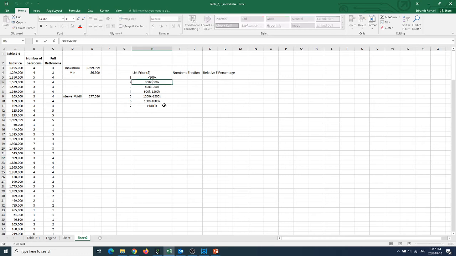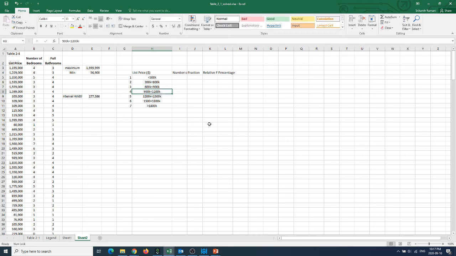Instead of 300 to 600,000, it's 300 to technically under 600,000, and instead of the hyphen symbol, you could use a less than or equal to symbol. This way, classes do not overlap. You cannot have an interval which says 300 to 600,000, and the next interval be 500 to 900. That does not work because the observations get repeated, and that's not useful in terms of summarizing the data.